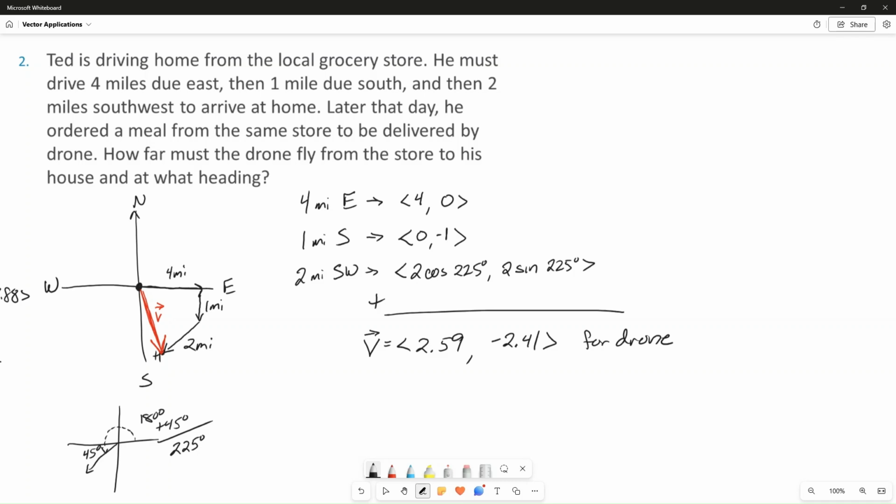Okay, so now we need to figure out how far that is and the heading. The distance, how far it is, is just going to be the magnitude of our vector.